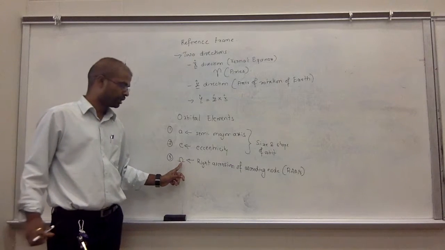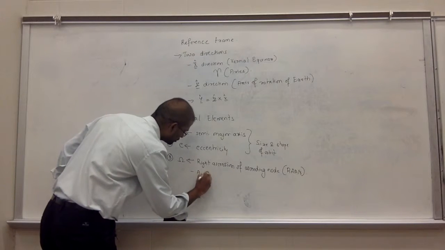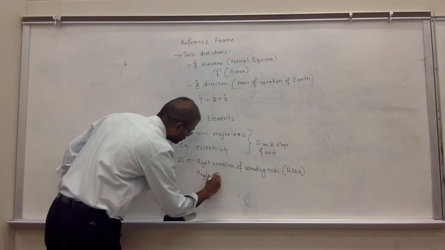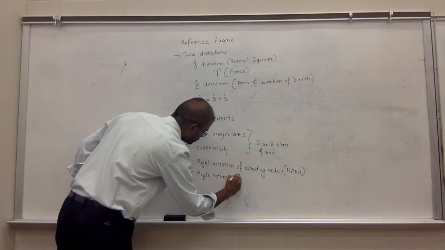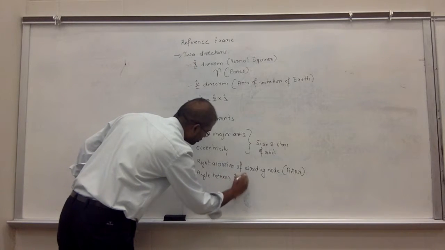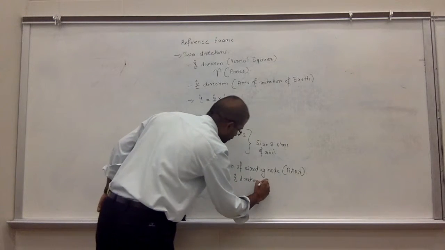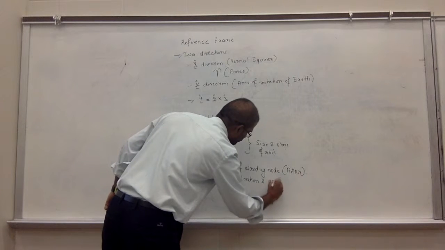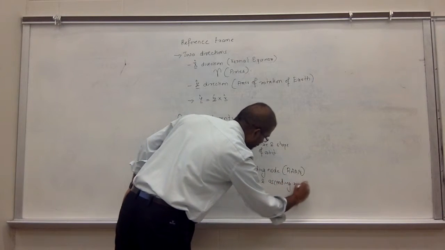This is cap omega, and it is the angle between the x direction and the ascending node direction.